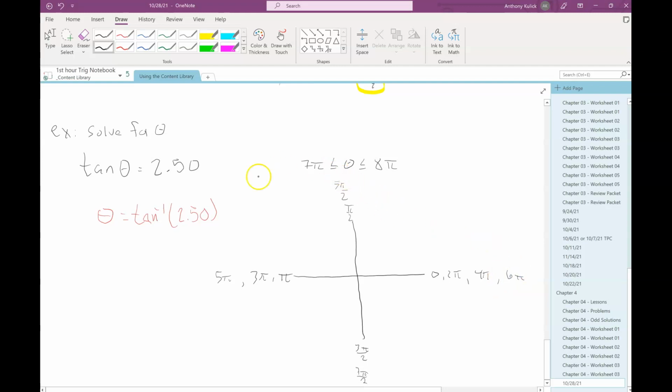This is going to be 7 pi, and then over to 8 pi. So the piece that we're looking at is one of these two quadrants. Is everybody okay there?